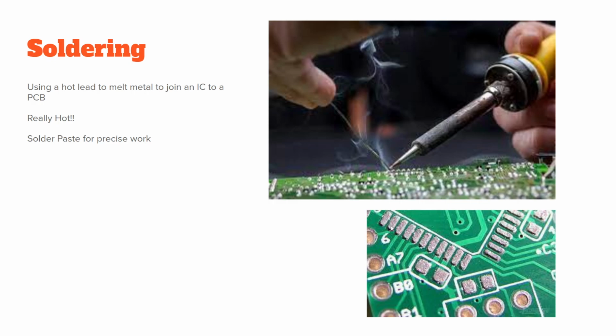where you squirt a little bit of the paste onto the footprint, and then you put the IC right over the paste you just put, and then you put all of this, PCB included, into a kiln, and the kiln will melt the paste, the lead and the tin in the paste, and make that bind.